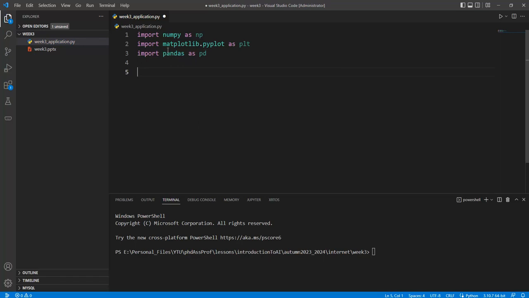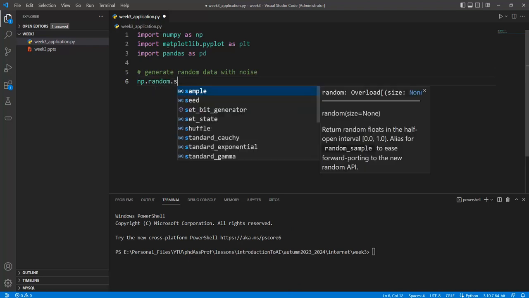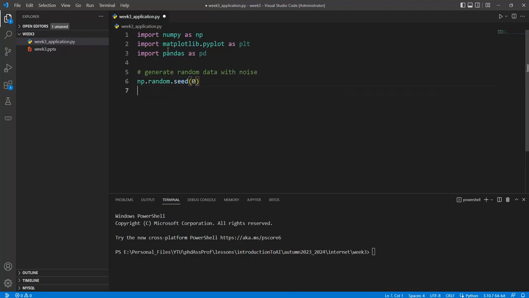Okay? So for the general network, we need to generate random data in here with some specific noises. For example, np.random.seed value in here, like this one, 0. Okay?